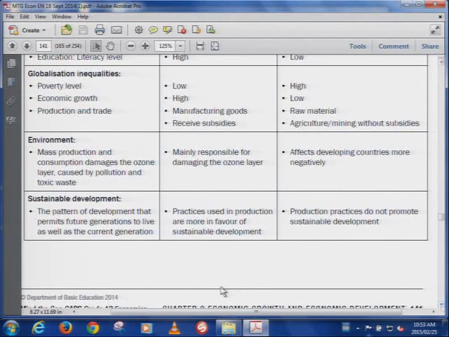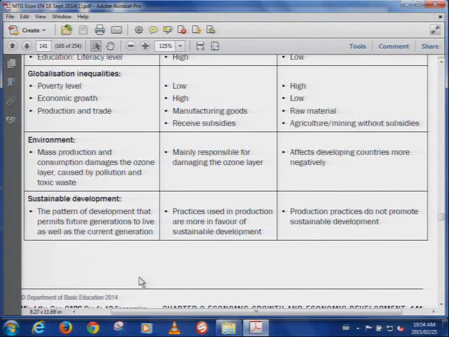And then sustainable development. We're looking at a pattern of development that permits future generations to live as well as the current generation. The practices used in the production are more in favor of sustainable development by the developed countries.